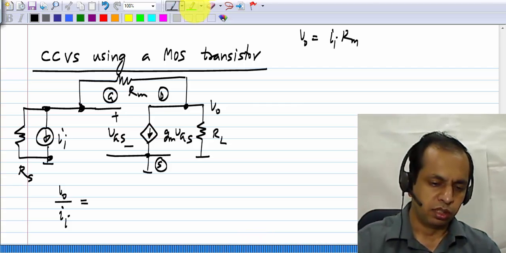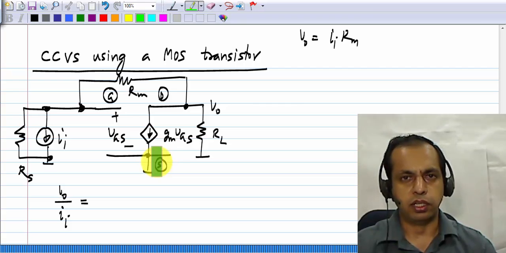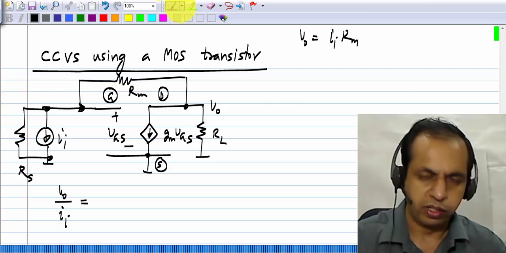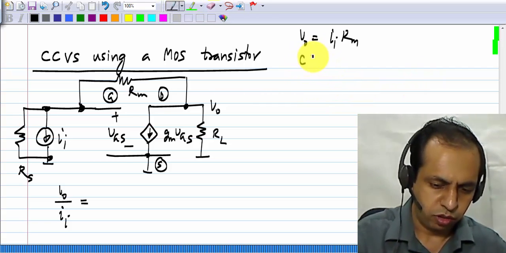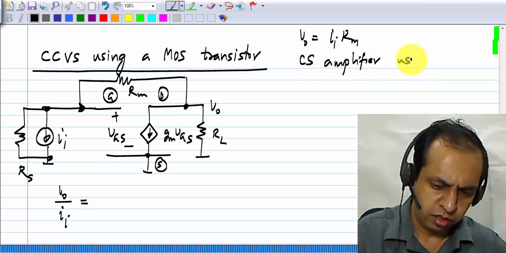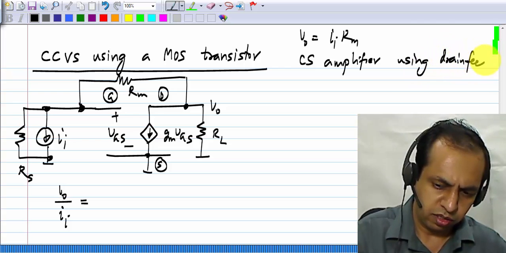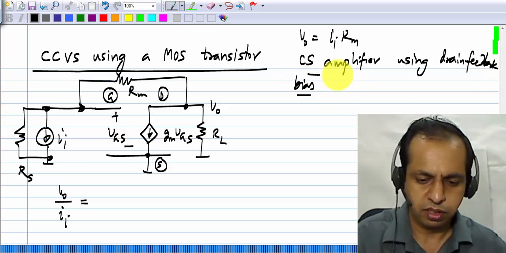Now, this particular circuit, it turns out that we have analyzed this before in a somewhat different form. If you remember long back, we realized a common source amplifier using drain feedback bias.